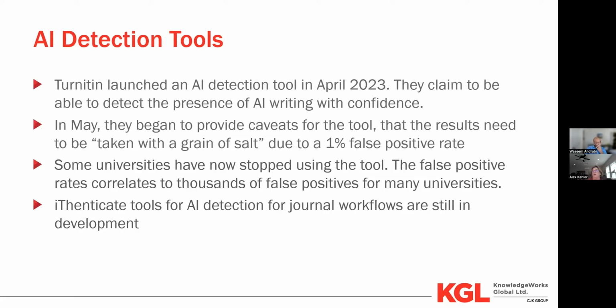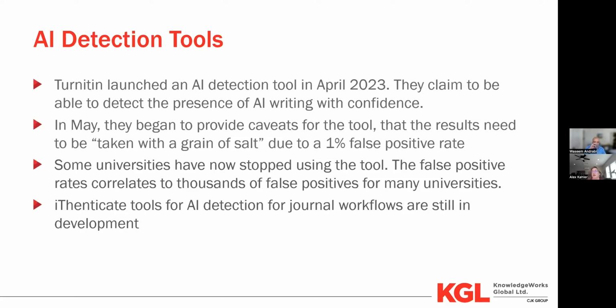Authenticate, for their part, is working on an AI detection tool for journal workflows. It's still in development. They have not released it yet. This is also something that's been talked about on webinars and at various conferences this year.